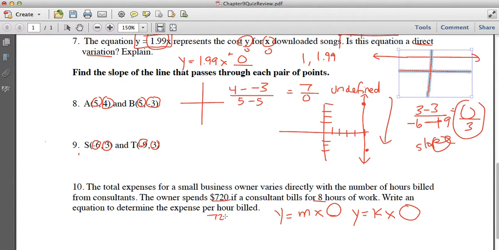So we're going to take that 720 divided by 8 to find the constant of variation, which is 90. So we're finding out that he spends $90 for each hour. So to write that into an equation, like number 10 is asking us to do, we would write that as y equals 90x. We're simply substituting that 90 in for the slope or the constant, and so that would be the answer to number 10.